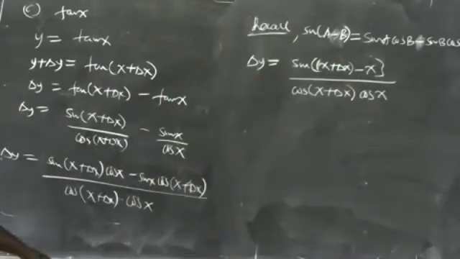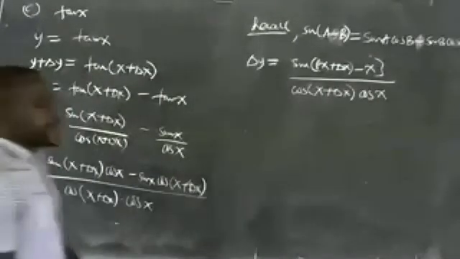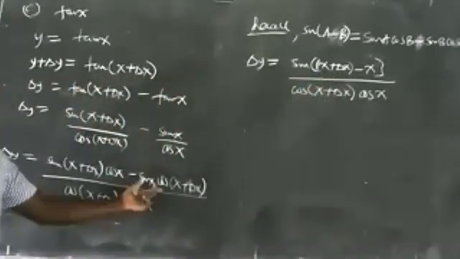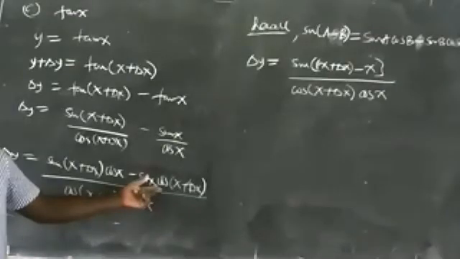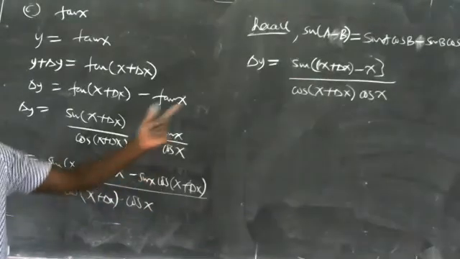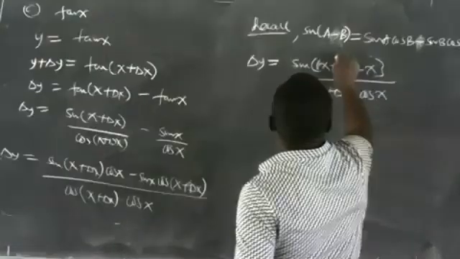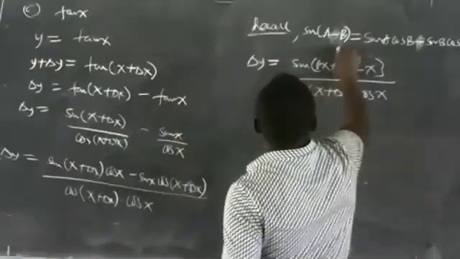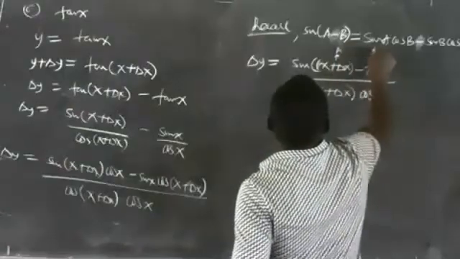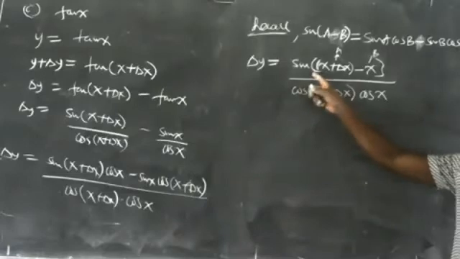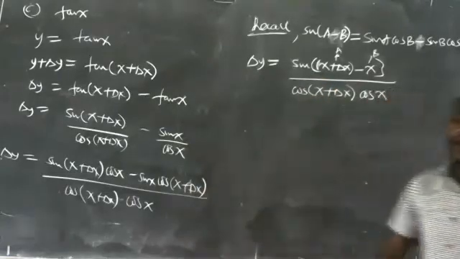Look at the numerator. When you expand this whole quantity, this is what you get. This is like your A, and this is like your B. When you expand the numerator, this is what you get. Are you following? Look at that part.